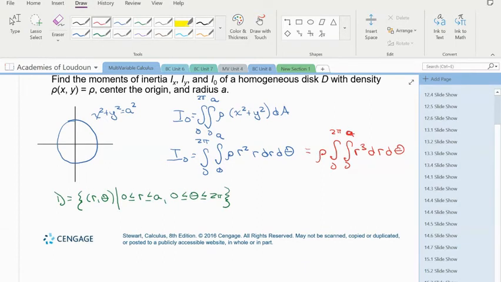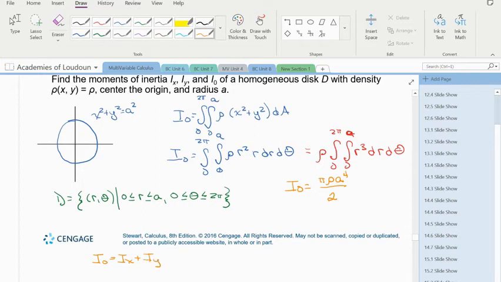Okay, so continuing with the integration, we end up with our polar moment being pi rho a to the fourth over 2. Now, instead of computing our moment about the x-axis and a moment about the y-axis, we're going to use the fact that I naught is equal to Ix plus Iy.